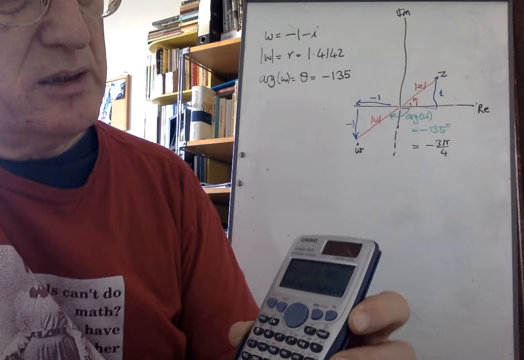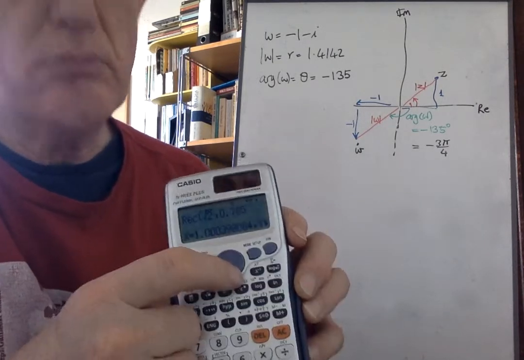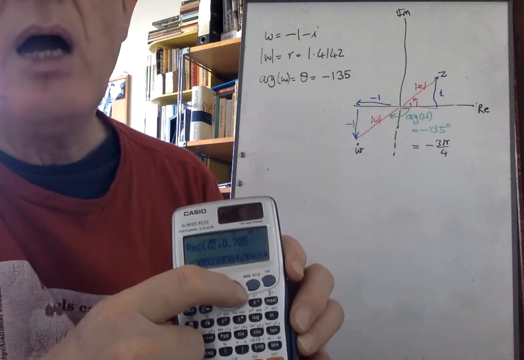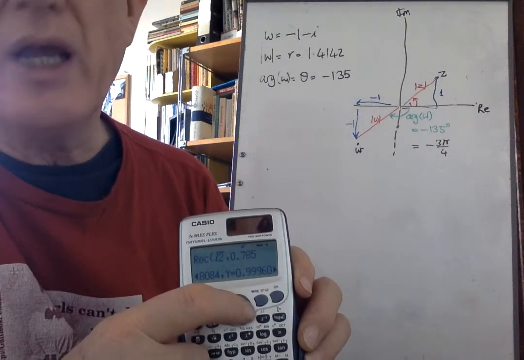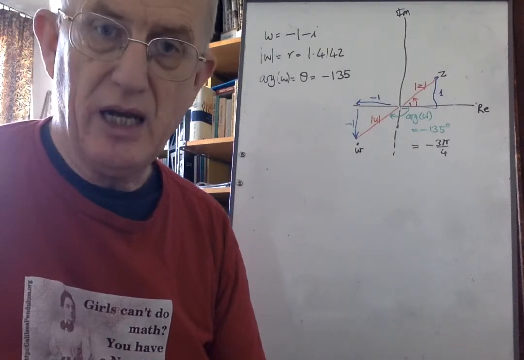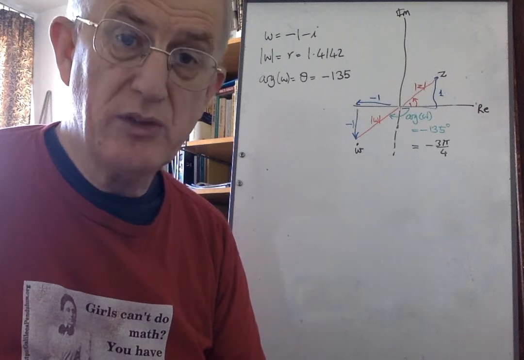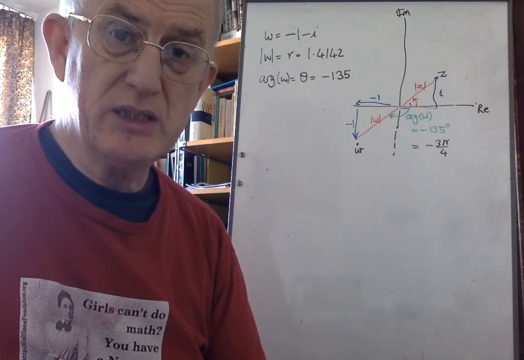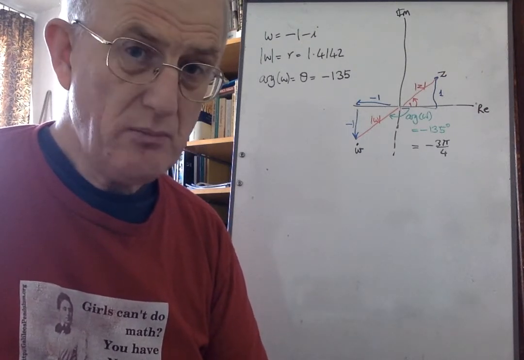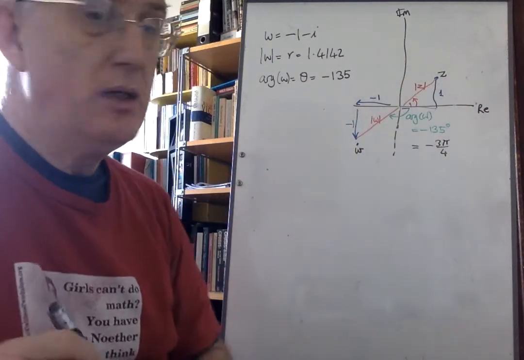What do I get? I get x is 1, near enough, and y is 1, near enough. I get back to the original z I had. So you can use Rec when you want to convert from modulus and argument to across and up.